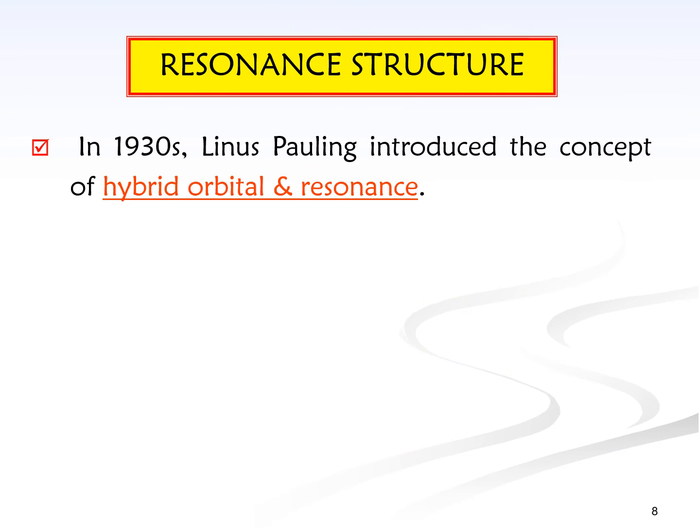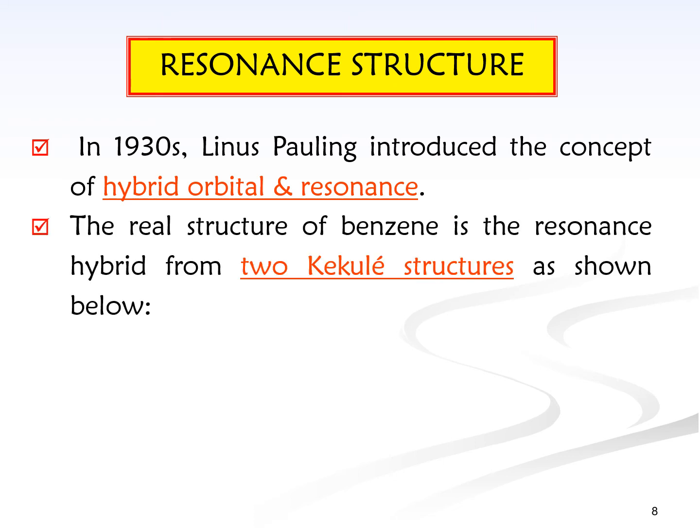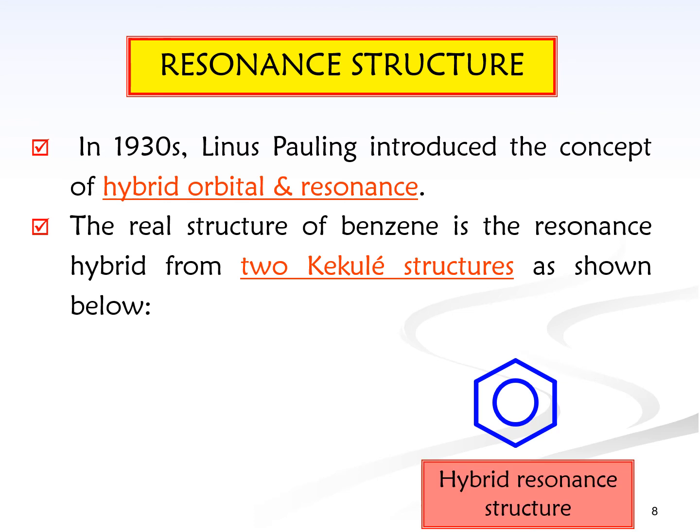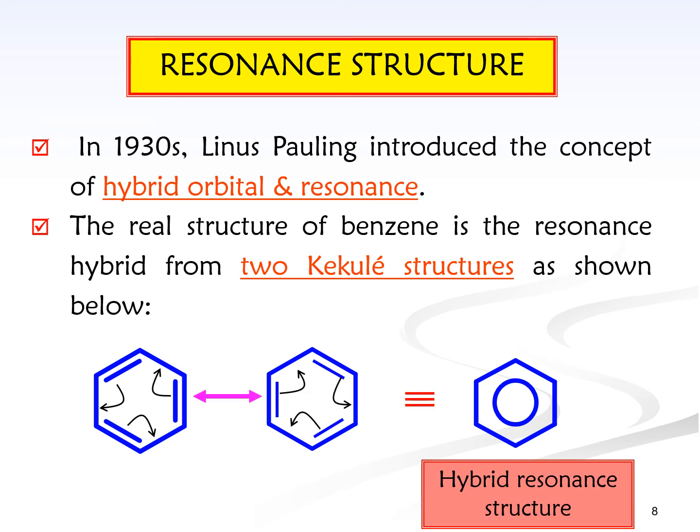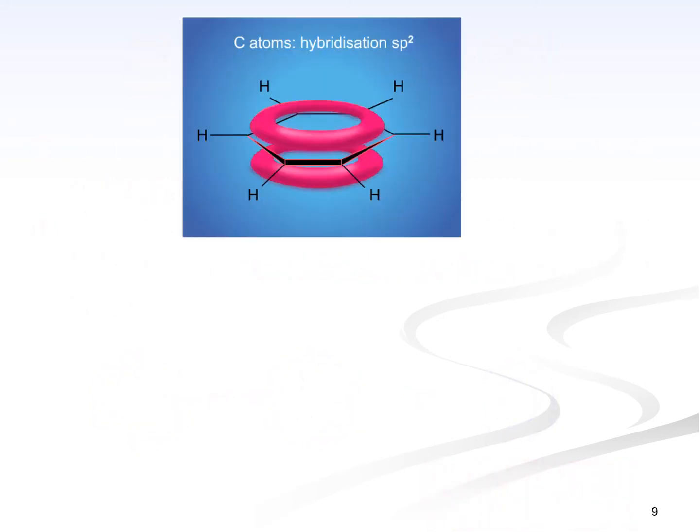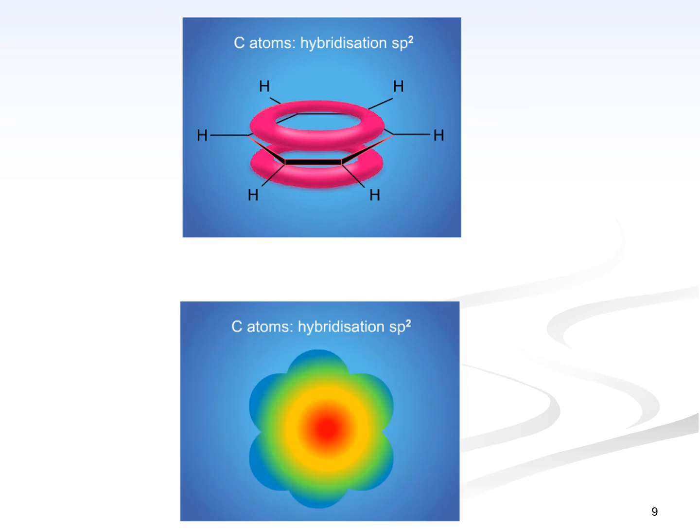Resonance structure. In the 1930s, Linus Pauling introduced the concept of hybrid orbitals and resonance. The real structure of benzene is the resonance hybrid of two Kekulé structures as shown below. In the benzene ring, the carbon atoms are sp2 hybridized.